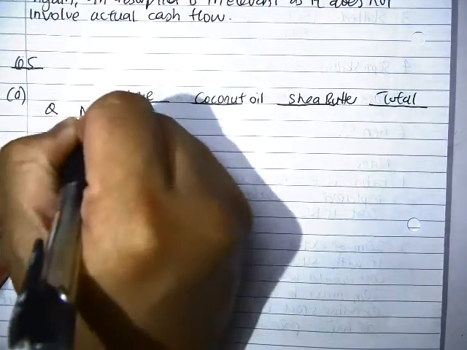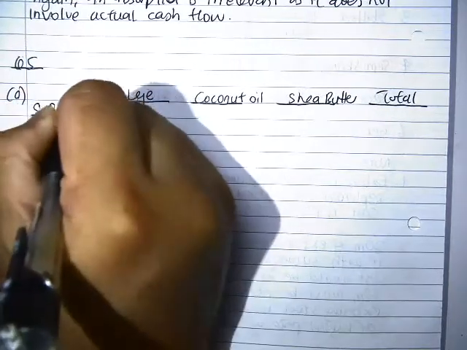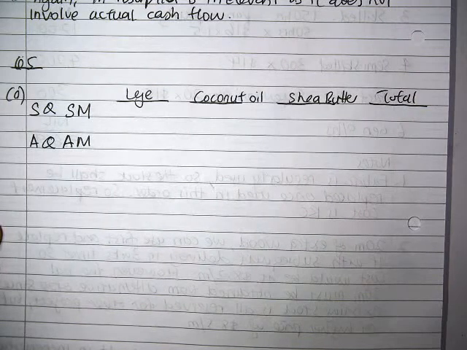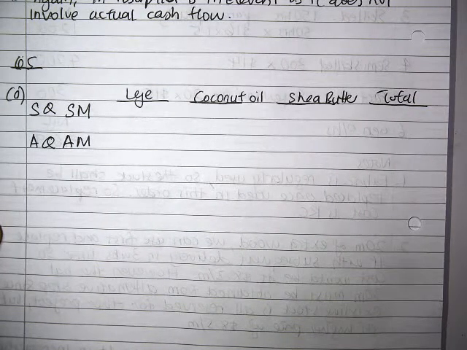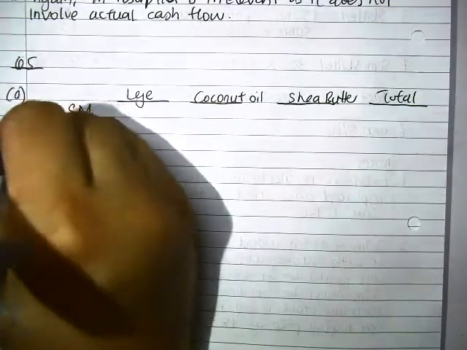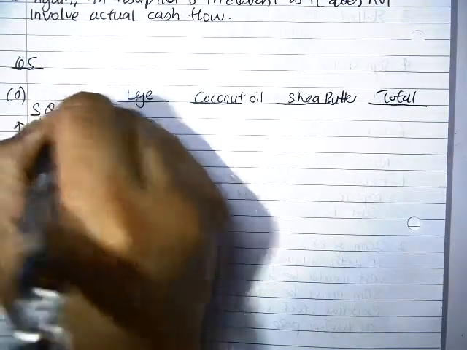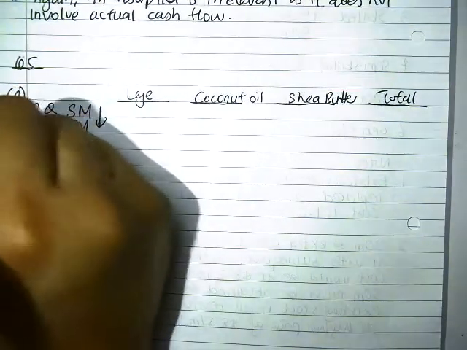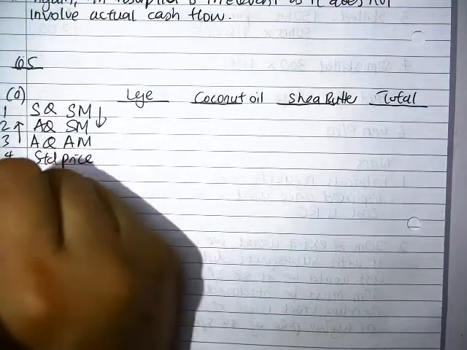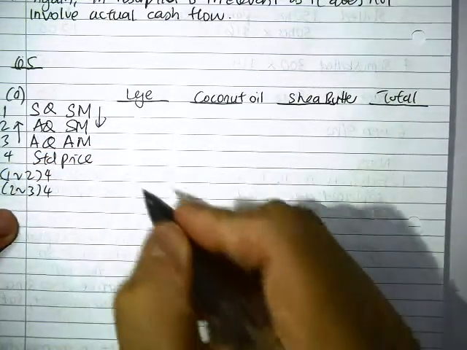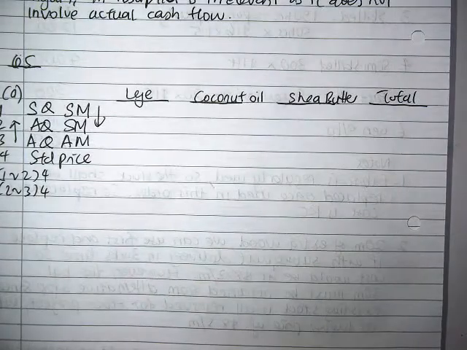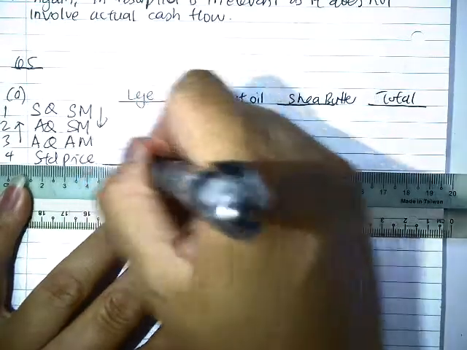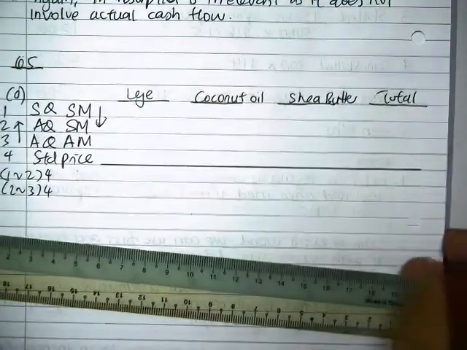Yes, QM, and we take standard, actual. Then up, then down. AQ, SM, standard price. Okay, try this. Fill in the blanks.